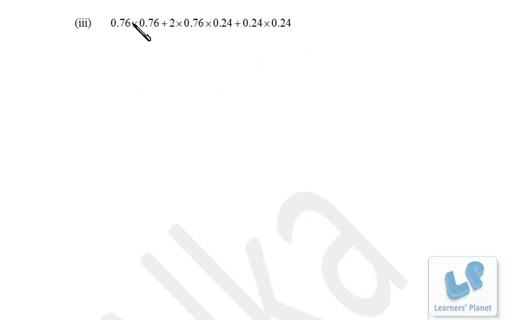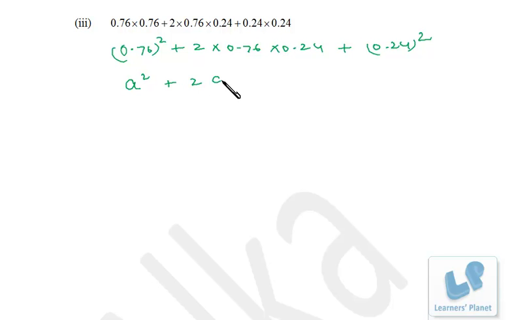Similarly, over here it's (0.76) whole square plus 2 into 0.76 into 0.24 plus (0.24) whole square. Let's make a comparison. It is a square plus 2ab plus b square. That is what? (a plus b) whole square.